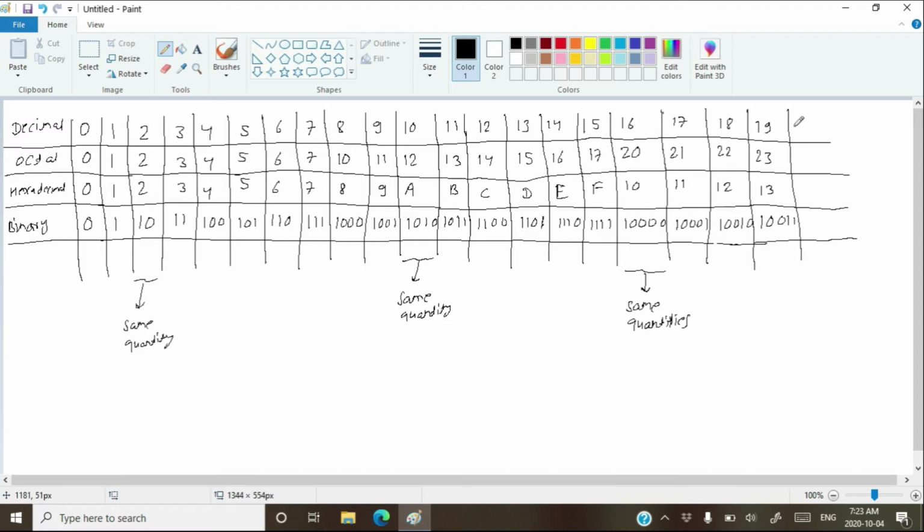After that you have 20, here you have 24, here you have 14 and 10100. So here we stopped our counting, but you can see that the same quantity can be represented differently in different number systems. You can take a screenshot, and now let's learn about the positional values in different number systems.